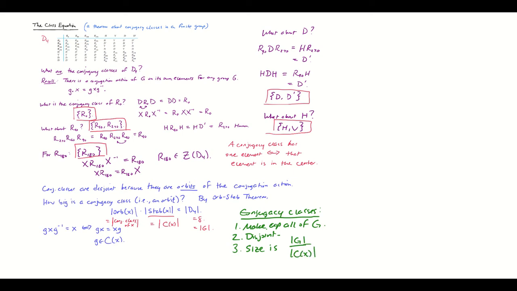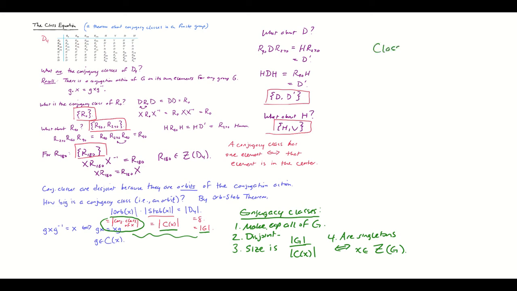And that's because of this Orbit-Stabilizer theorem. If we look at this, the size of the conjugacy class is this divided by this. And finally, these are singletons, or single element sets, if and only if x belongs to the center of the group. Knowing those four things, we can put together what's called the class equation.